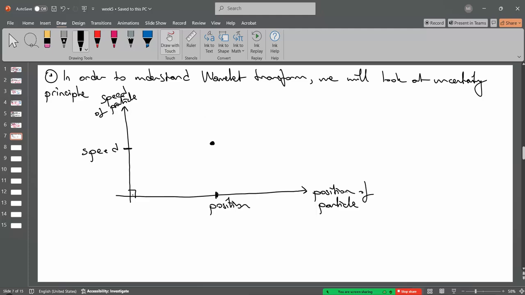Okay, and so Heisenberg states that we cannot measure at the same time the speed and the position in the physical world. Okay, and so this is the resolution of measurement, guys.